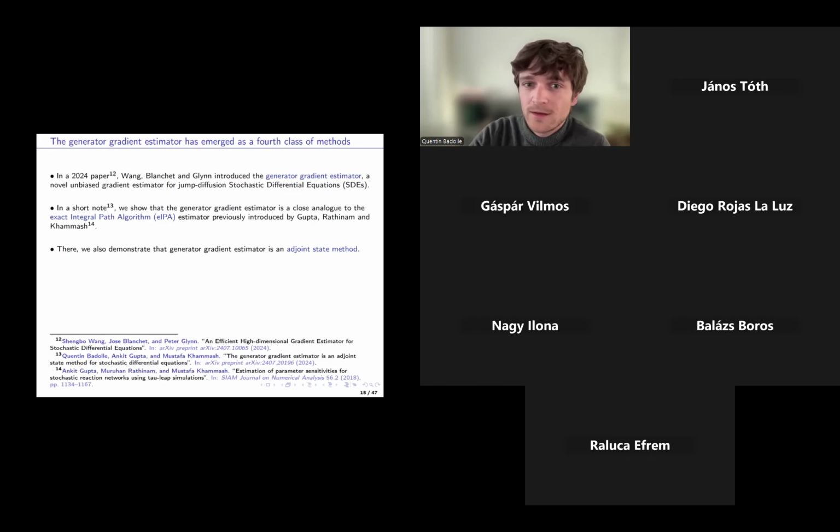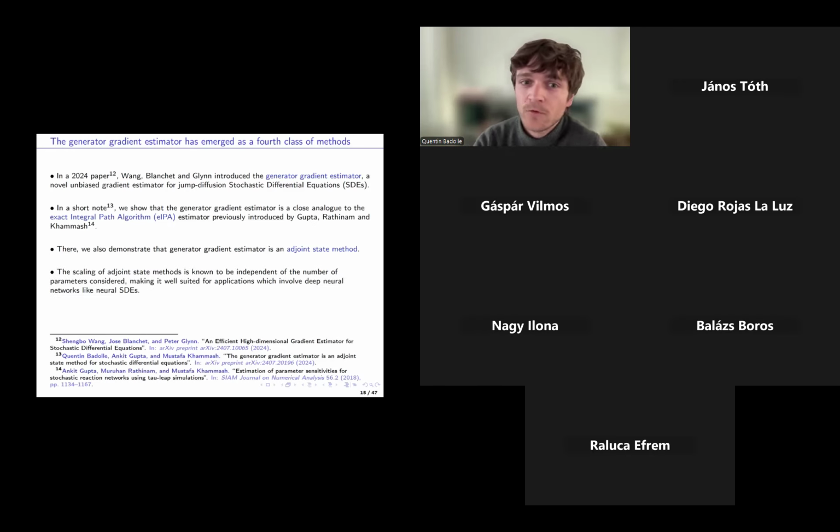And why is this interesting? Advanced state methods don't scale with the number of parameters. This is of interest if you have a large number of parameters, as you have for deep neural networks, especially in the context of neural SDEs. And the EIPA, the algorithm in the context of CTMCs, also doesn't scale with the number of parameters, but it scales with the number of reactions.